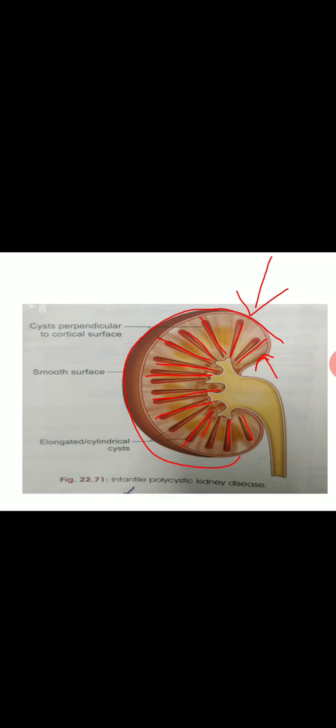Second, in adult polycystic kidney disease, the clinical manifestations are present at the third to fifth decade of life, whereas in infantile polycystic kidney disease, the clinical manifestations are present at birth. Third, in adult polycystic kidney disease, the cysts are spherical and the external surface of the kidney is lobulated.